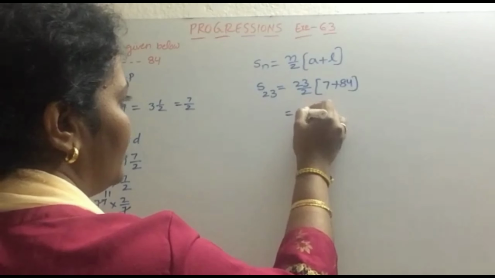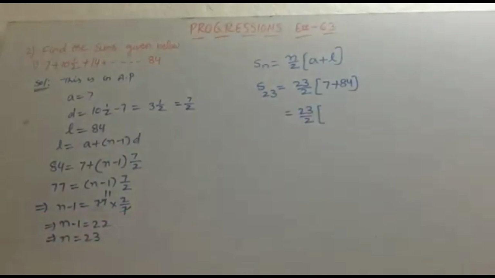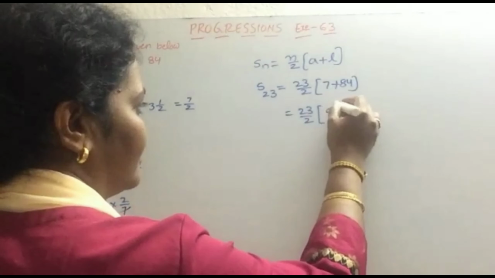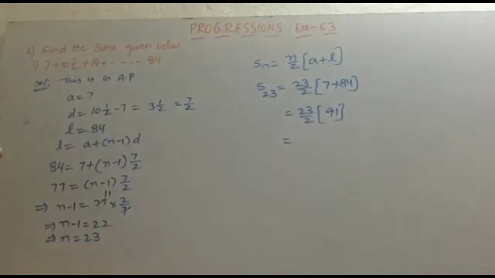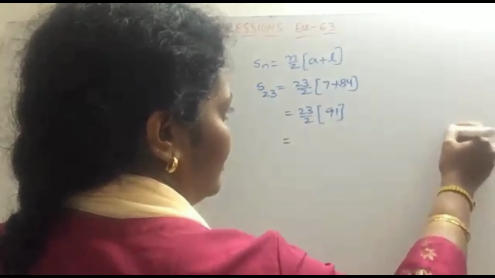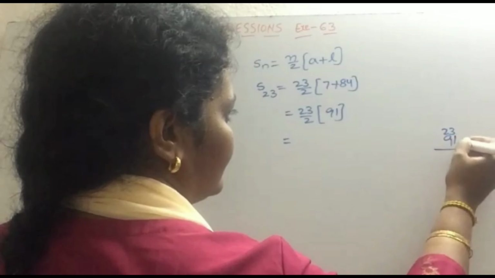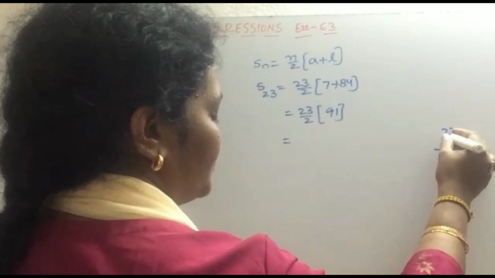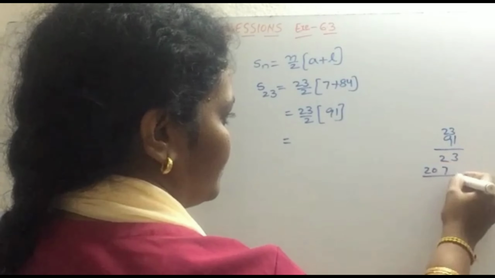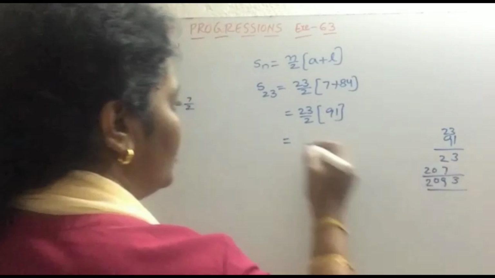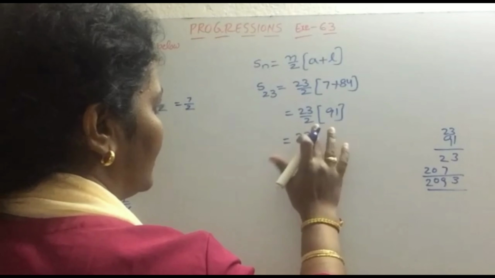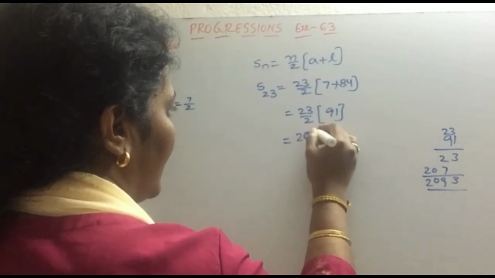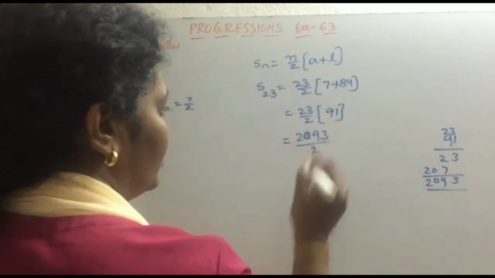So 23 by 2 into 84 plus 7, 91. So that is 91 into 23, so 2093 by 2.